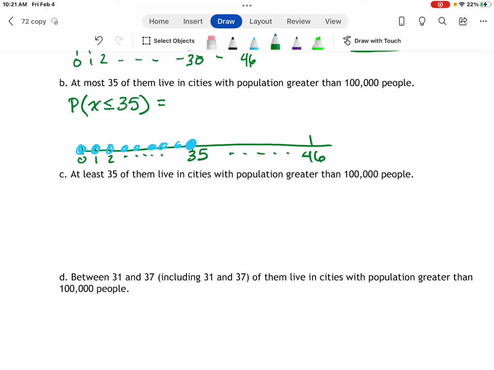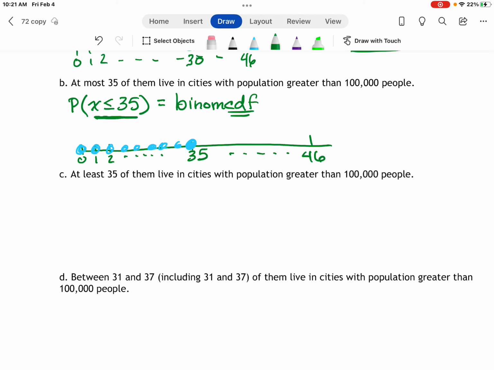Now, because we're looking for more than just one specific value, we're going to use the binomial CDF function on our calculator. And as we know, the CDF function wants us to enter things of this form, so we're already set up to do that. On the calculator, I'm going to put in binomial CDF.